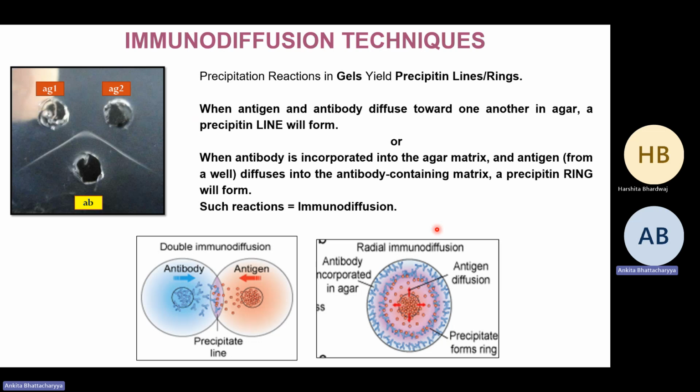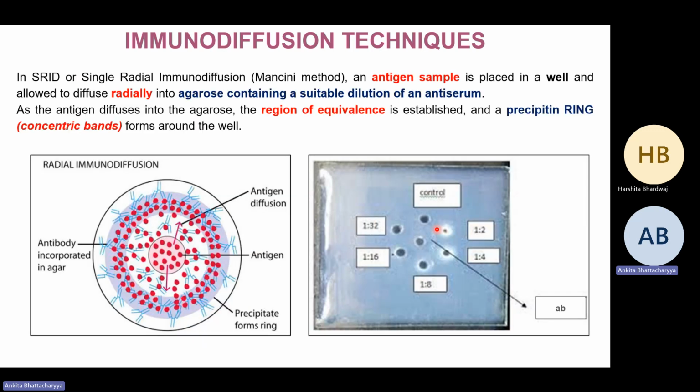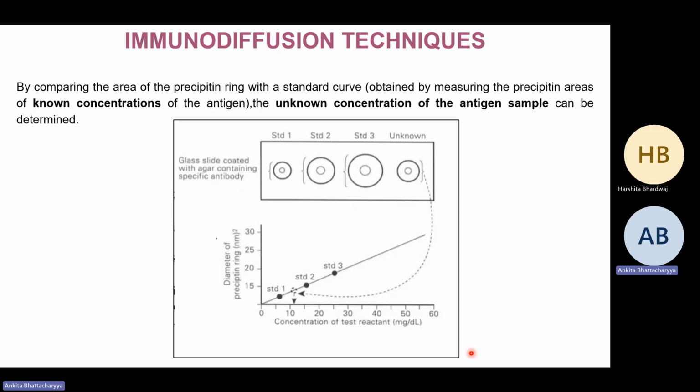We understood the differences between SRID and ODD. Double immunodiffusion and radial immunodiffusion were taken into consideration. The SRID, or single radial immunodiffusion, versus the double diffusion tests, and how you could correlate the area of the precipitin ring and use it to estimate the unknown concentration of the antigen sample.